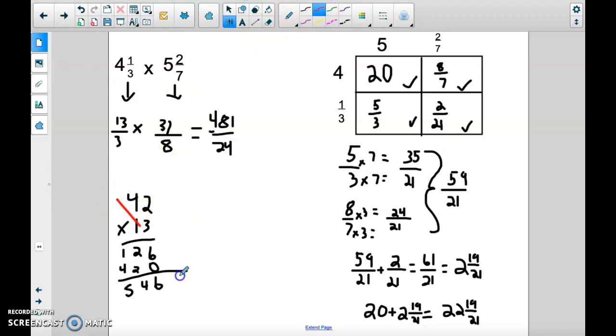Sorry about that, guys. I completely messed up there. So then that's not there. 481 21st, which would be equal to 22 and 19 21st. Okay, sorry about that again.